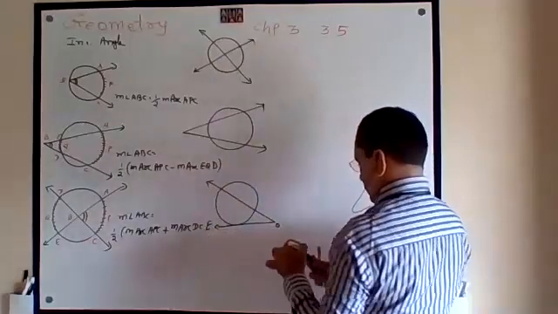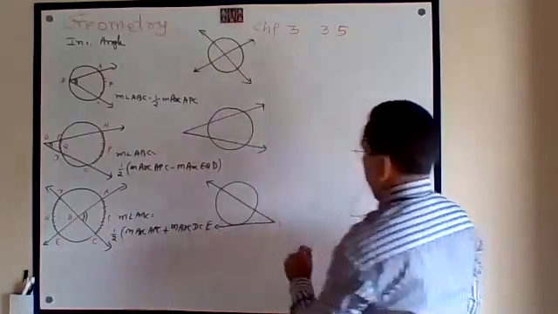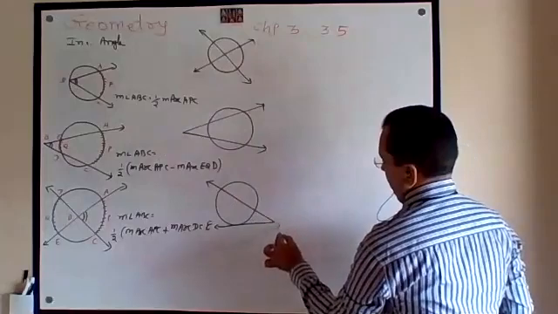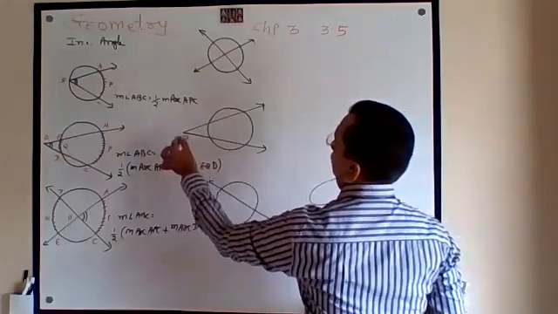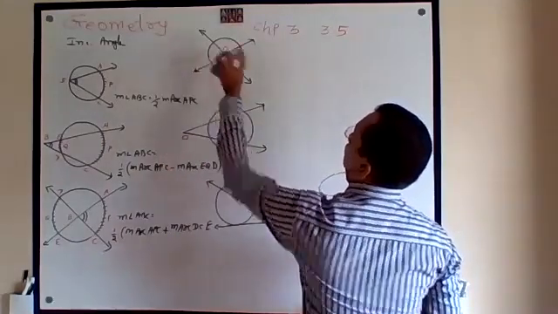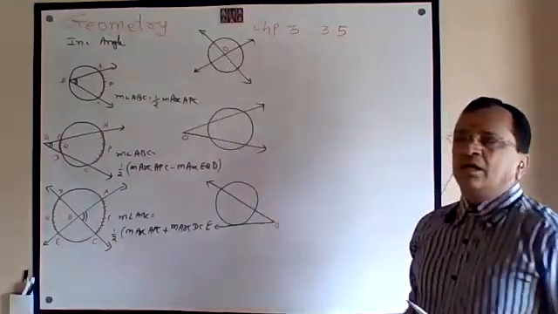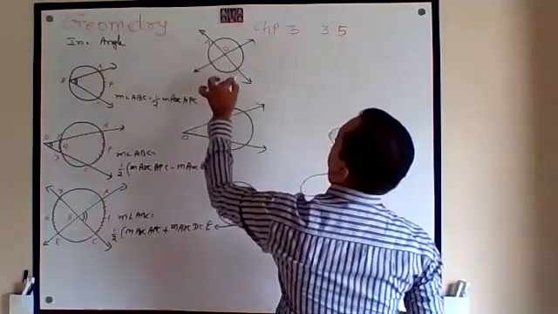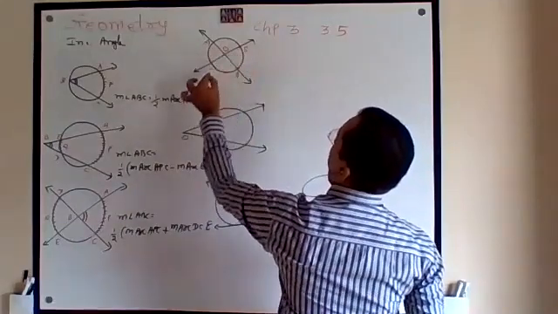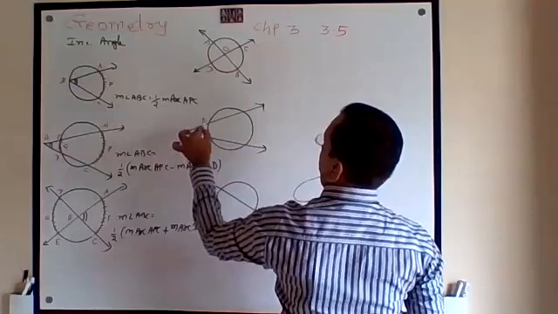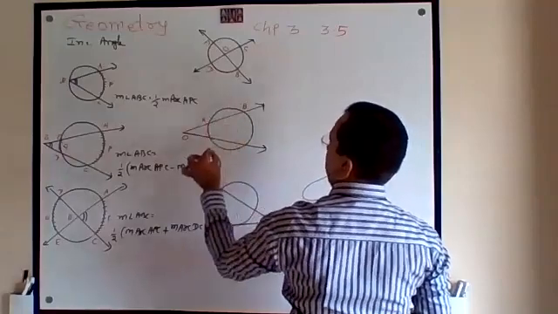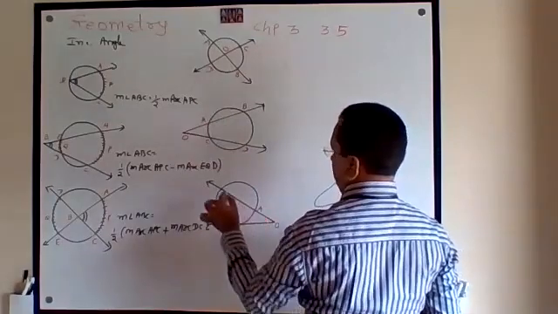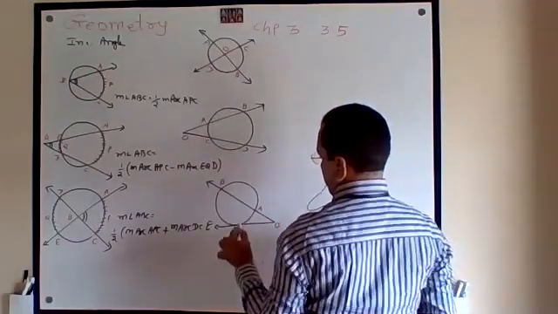I am giving all the intersection as point O. We have to take the formula. So this line is AB line, this is CD line. This is again AB line. This is CD line. This is AB line. This is OC line.